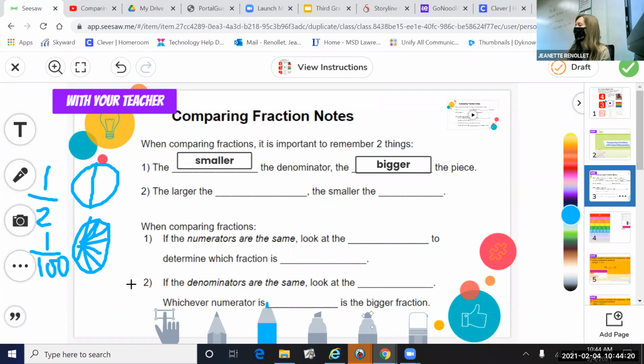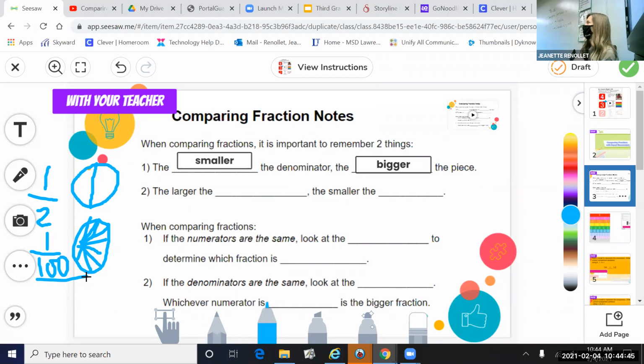So when you have a denominator that is small, that means your piece is actually bigger. But when you have a big denominator, that means you have a tiny piece because you're sharing it so many different times. Okay? So it feels kind of backwards. You think, oh, if the number's big, the piece is big, but that is not how fractions and division work.